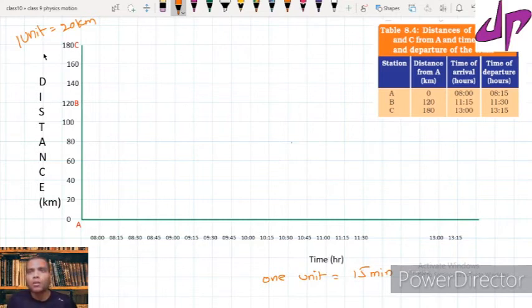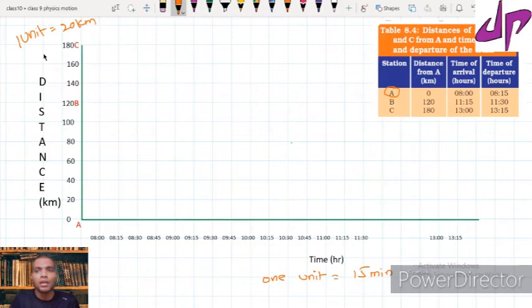Now for distance from A, just imagine the train started at A. Time of arrival is 8 a.m., time of departure is 8:15. So the train had already reached the platform at 8 a.m. It is about to start, but it departed at 8:15.